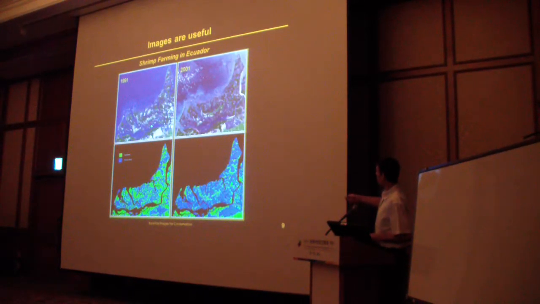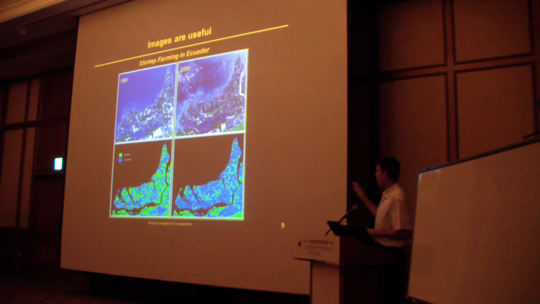So in the left image, we should have started a little bit earlier. That image has been what we call classified into two categories. One category is vegetation, which would still be mangroves, and then the other category is shrimp farms. So if we look at this, we see there's a lot of shrimp farms, but at least there's some mangrove left. About 10 years later, there's almost no mangrove left at all.